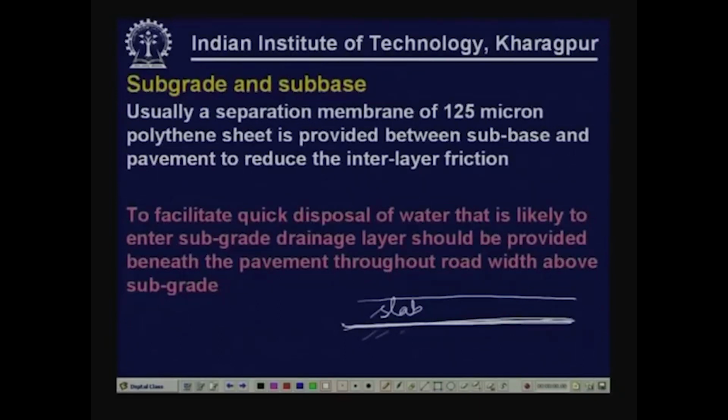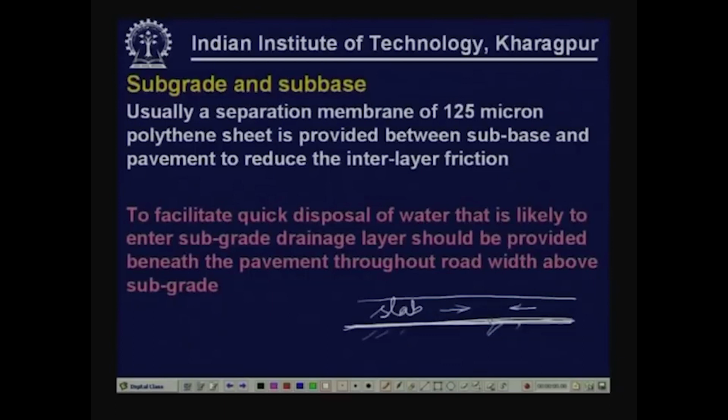making this ideally a smooth interface. The advantage of this is, when the slab tries to contract, and we are especially concerned about contraction of the slab because that is going to induce tensile stresses in the slab, the restraint offered by the foundation will be reduced because of the smooth interface.